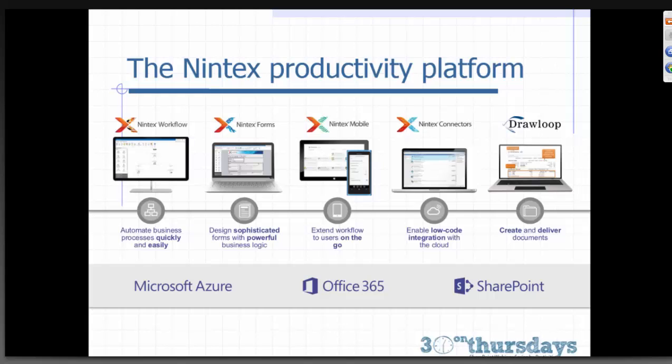This is kind of your user interface and insights into the workflow. Going hand in hand with Forms is mobile, and then really what we're going to talk about today is Nintex Live and Nintex connectors, which are the ability to integrate with third-party systems, whether they be in the cloud or on-prem, and leverage data and content that you have in those systems. Nintex Live is our cloud service, but we also have these connectors.